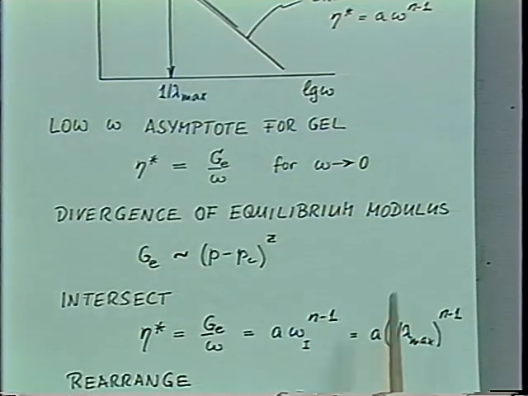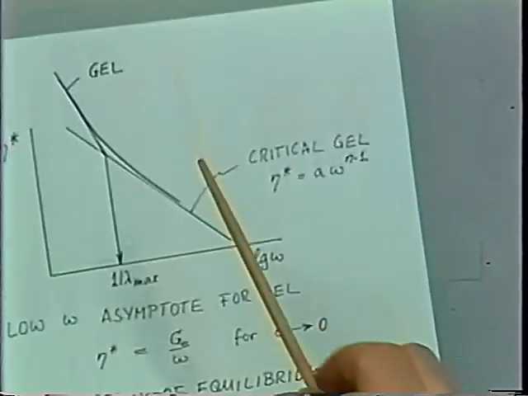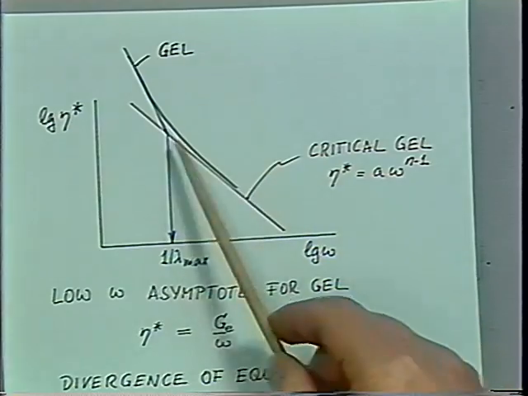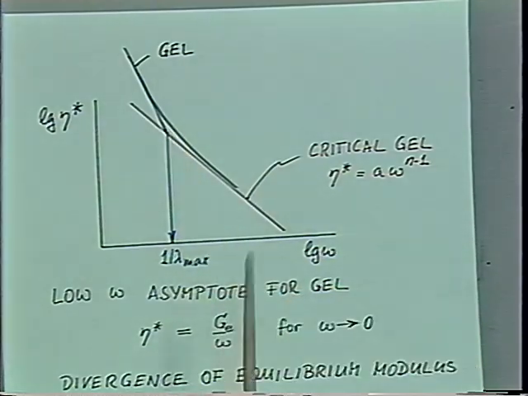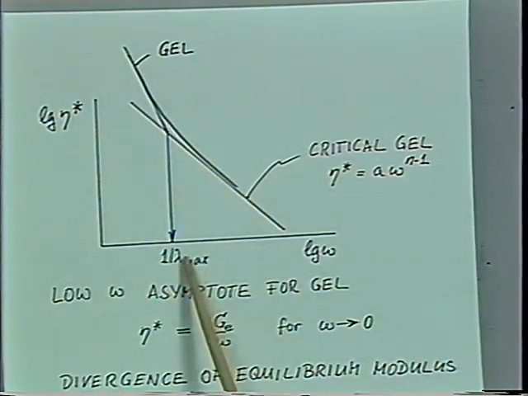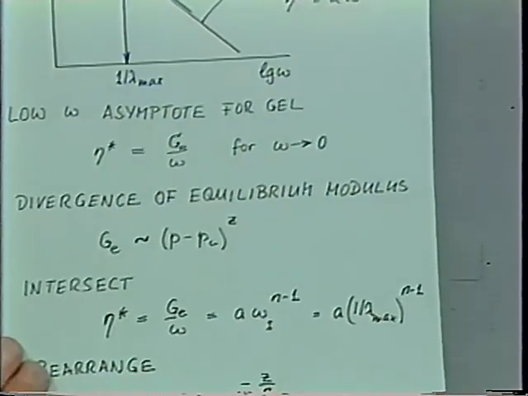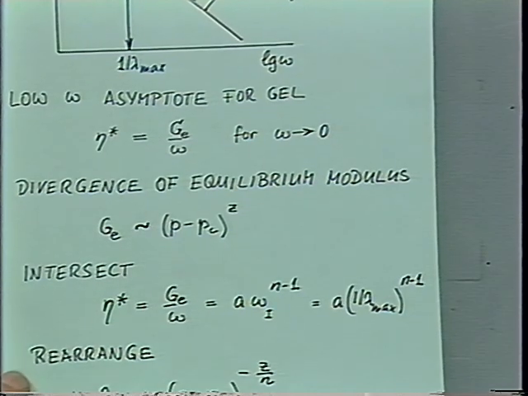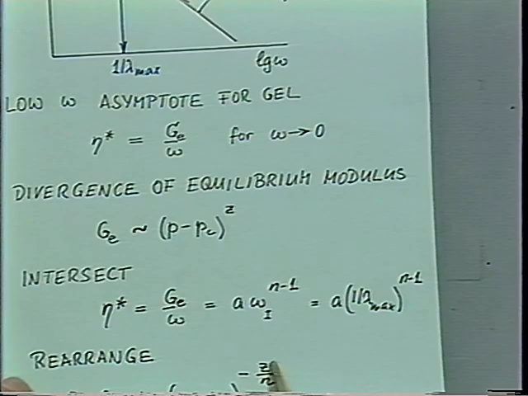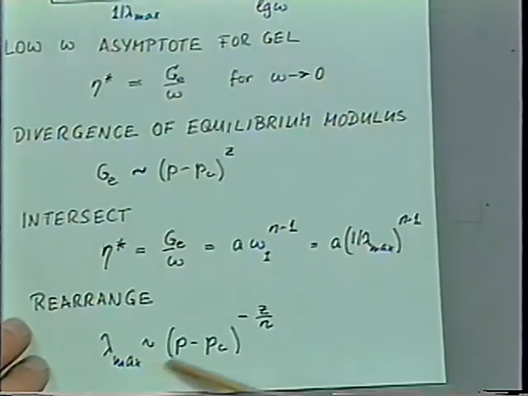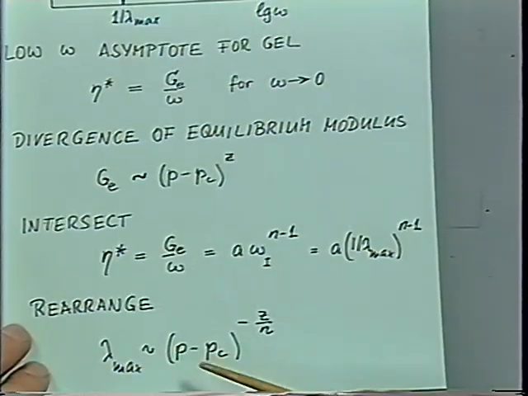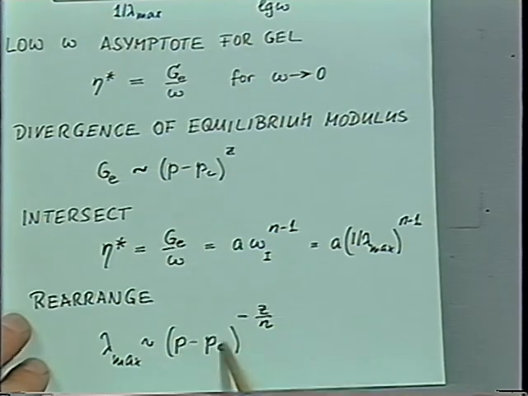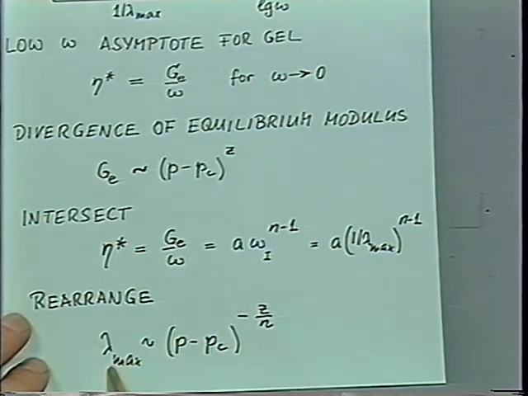And we also say that this curve here is intersecting the gel behavior, and we find an intersecting frequency, which is 1 over the longest relaxation time. And we calculate the longest relaxation time as the distance from the gel point to the minus z over n. And if we come from the positive side, from the solid side, as we make this very small, you can see that lambda max is diverging.